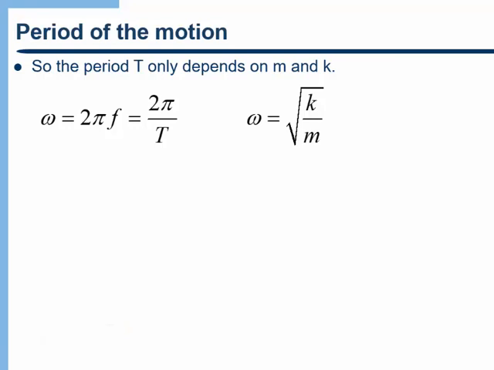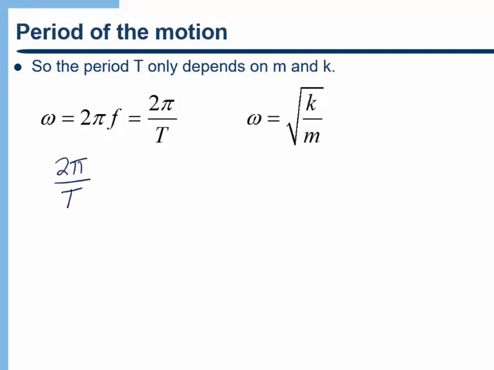Well, what we're really interested in is the period of the motion. So let's go ahead and take these two equations for omega and eliminate omega and instead write it in terms of the period.